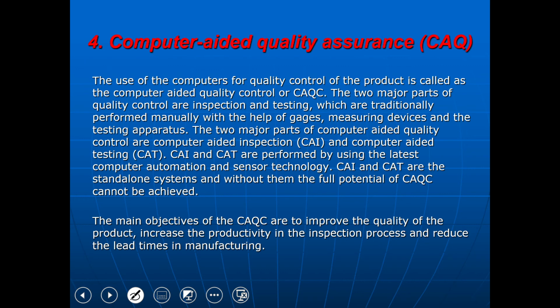But when we use sensors, like cameras or auto gauges, to measure, we are using CAI, computer aided inspection, and computer aided testing. So this can be done by an automatic system using computer aided quality assurance inside CIM.